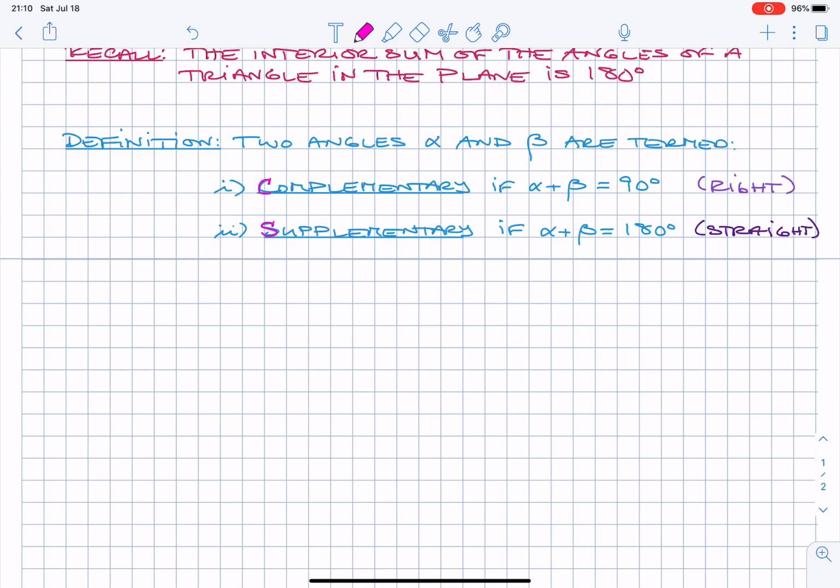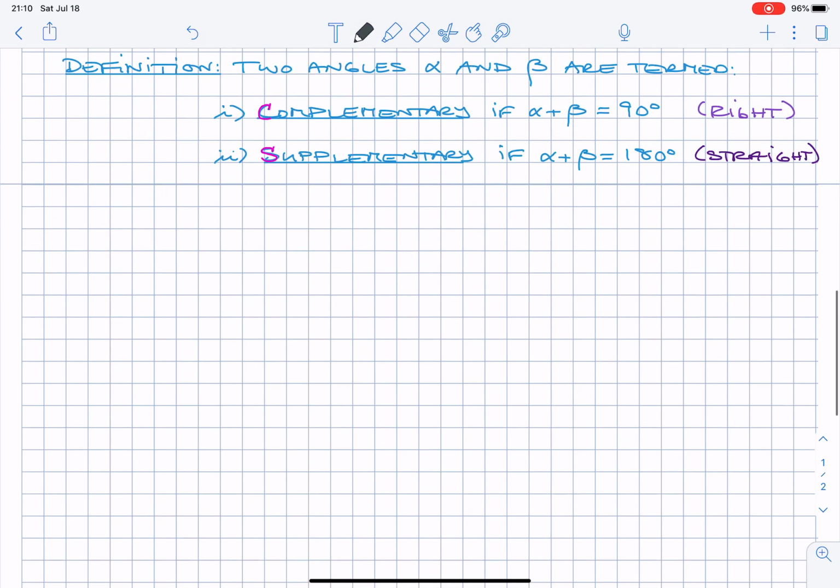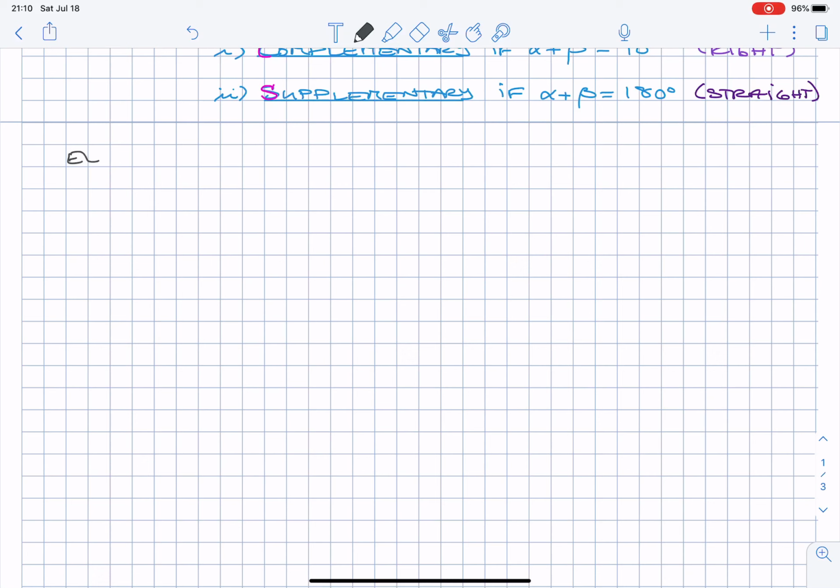Okay, so let's do an example of this. Let's find either the complement or the supplement for the following.